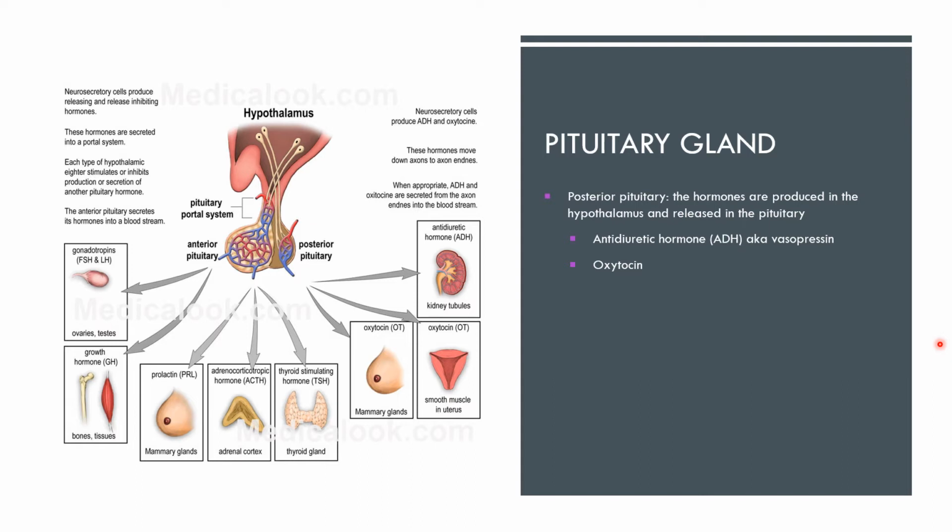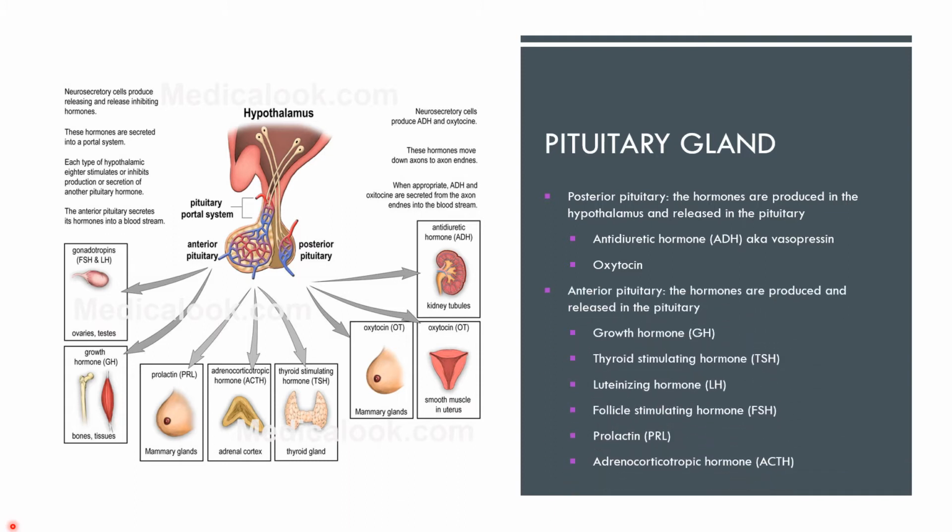Oxytocin acts on the mammary glands to stimulate the breast to squeeze out breast milk. It acts on the uterus to stimulate uterine contractions, especially during pregnancy. Antidiuretic hormone acts on the kidneys in order to reabsorb water and prevent diuresis, which is why it's called antidiuretic hormone.